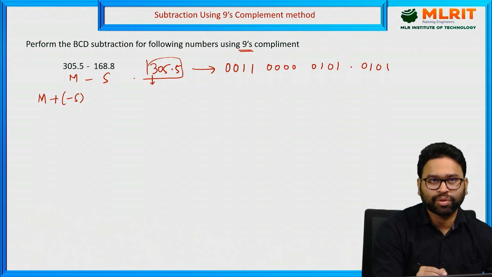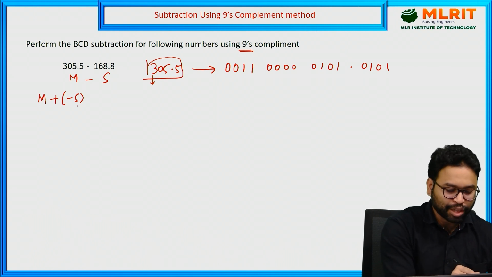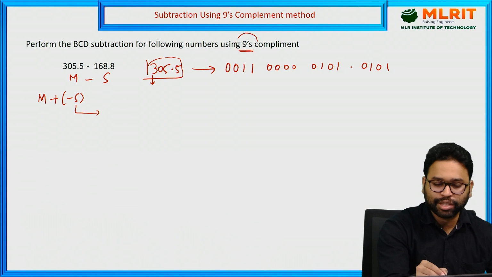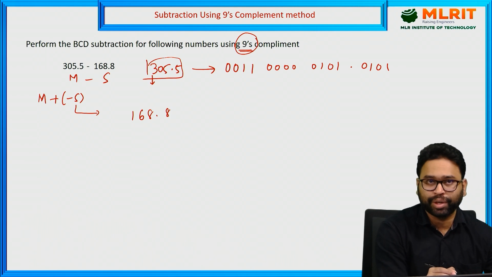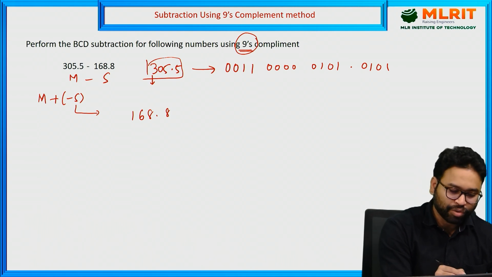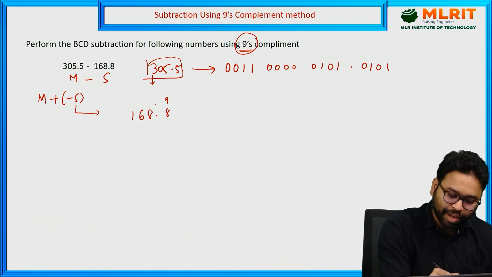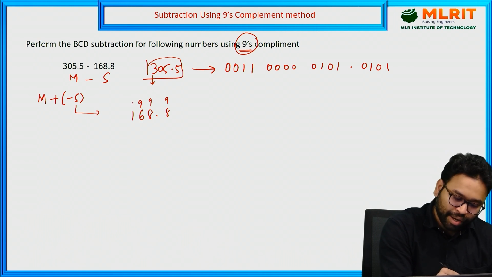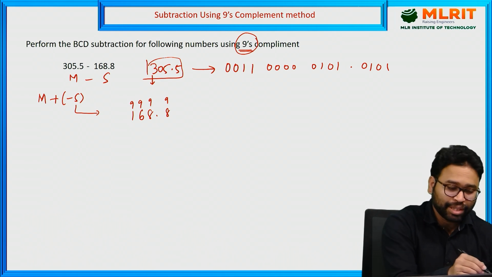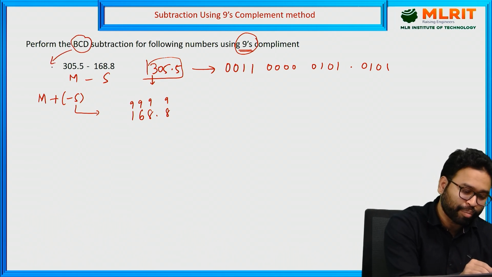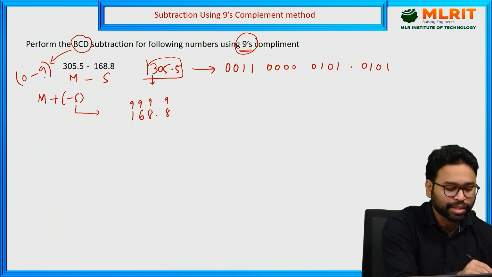Now let's look at the subtrahend. We are supposed to represent the subtrahend in its 9's complement. The subtrahend is given as 168.8. For that you are supposed to get the 9's complement, so subtract each and every digit from the highest possible value, that is 999. The range of a BCD digit starts from 0 to 9, and this is our highest possible value.